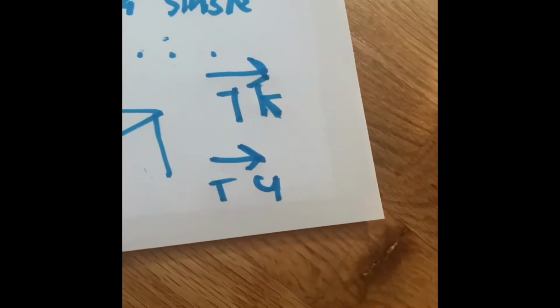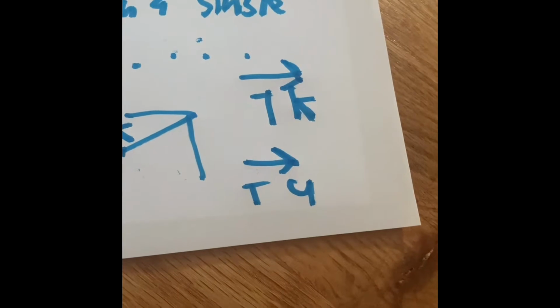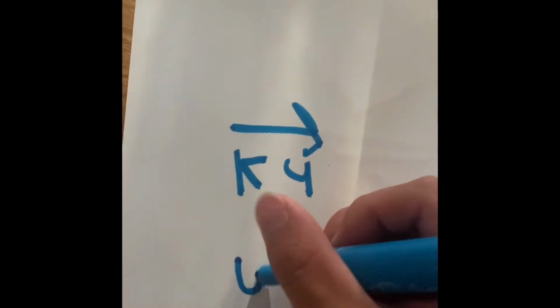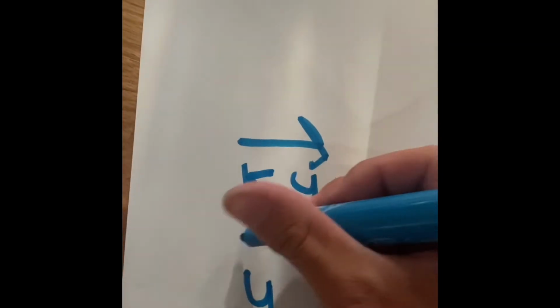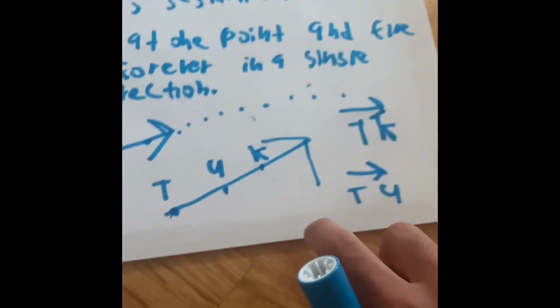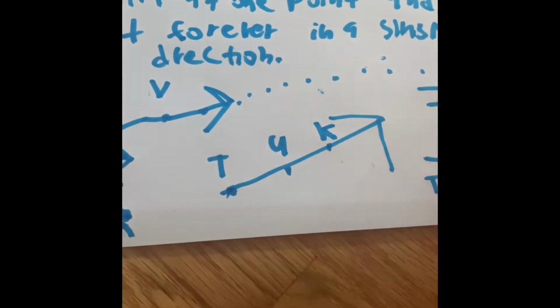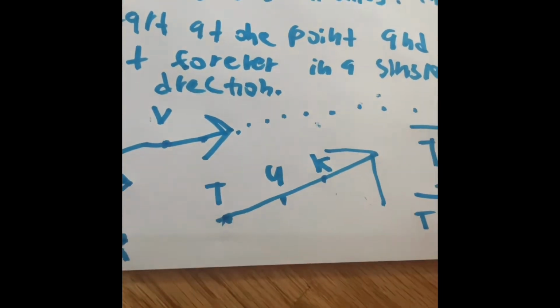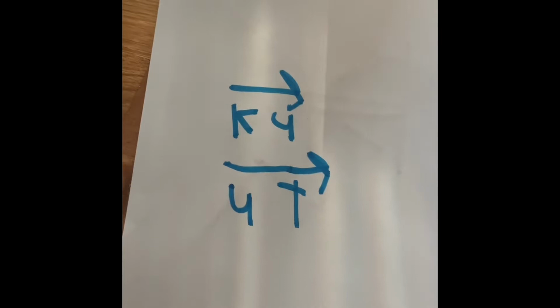A problem that we don't allow is if we say ray KU, or if we say ray UT. That's going to be a problem, because that's saying that KU is firing this way towards T, or UT is firing that way towards T. That is not what we want.